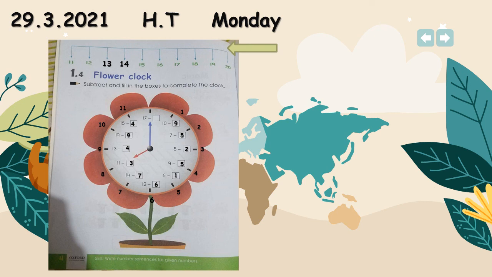You will write that number in the box. 17 minus 5. You crossed 5 lines here, and now count the leftover, and these lines are 12. Write number 12 at the top of the clock. This is how you can make number sentences for the given numbers.